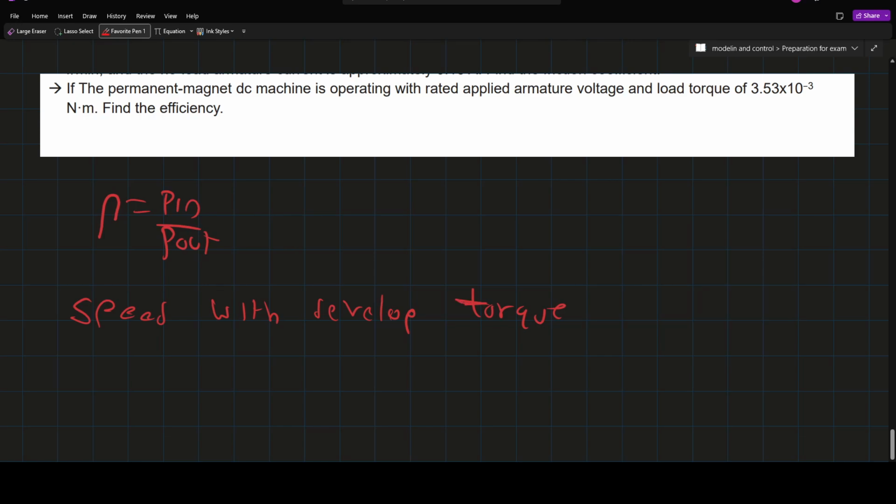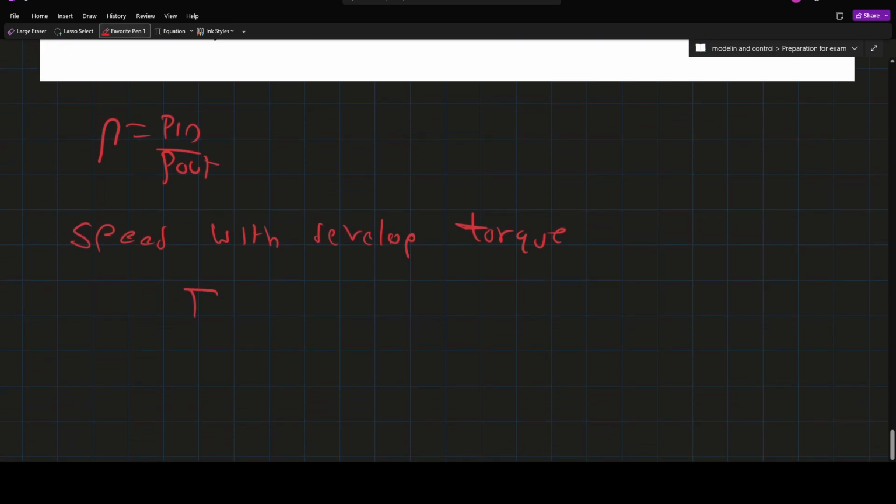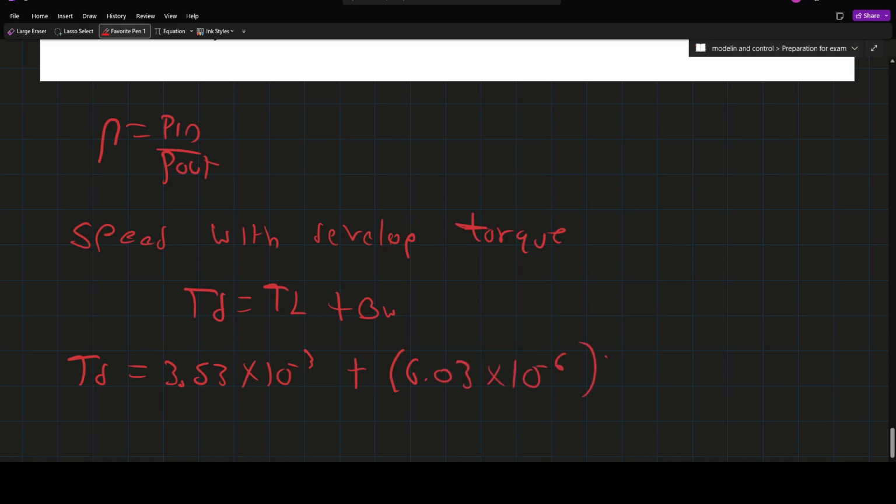That's when we have a speed with our developed torque, we're going to have a current, and the current we can use to find the power. So we know that the developed torque is the sum of the load torque plus our friction torque. So we're going to have here a TD of, they are just giving us the load torque, plus what we just found out for our friction coefficient multiplied by the speed.